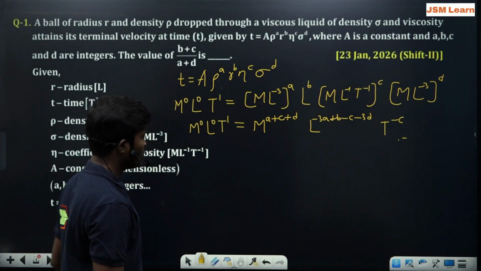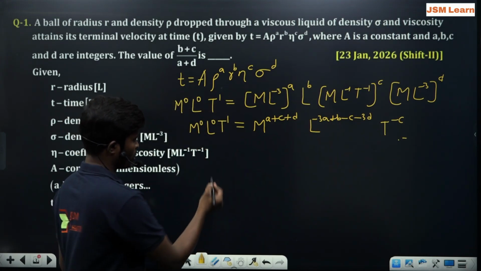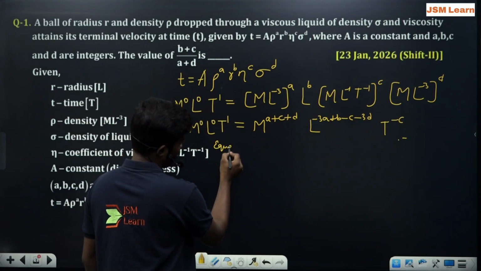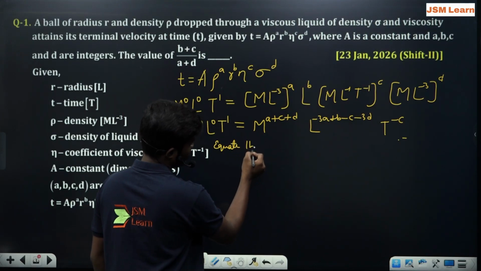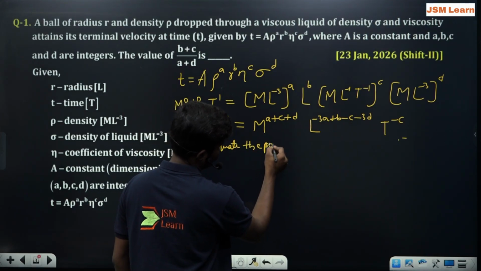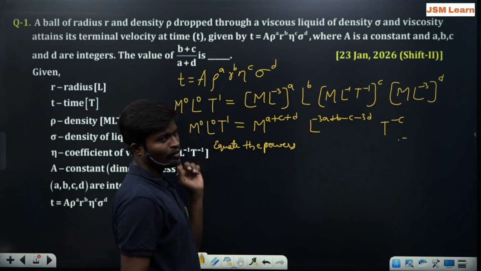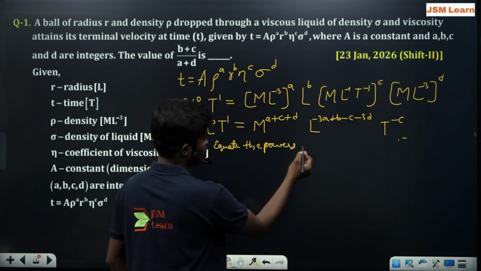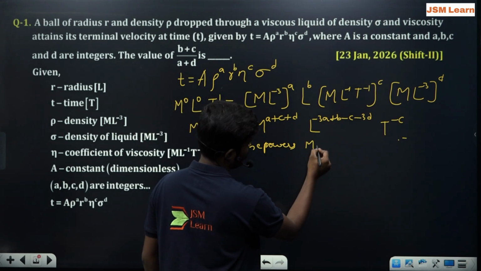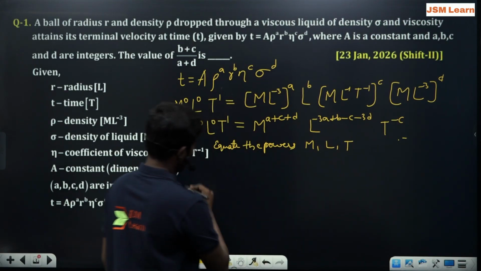After writing this, we just have to equate the coefficients, because we know the rule: bases are equal, powers will be equal. So equate the powers of M, L, T on both sides.